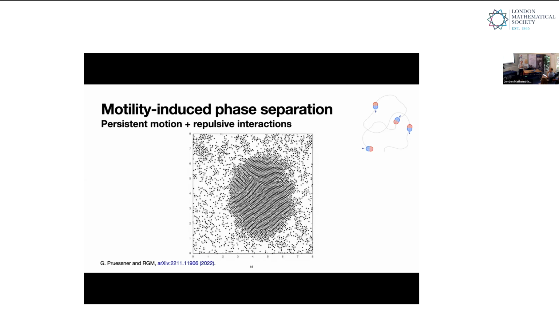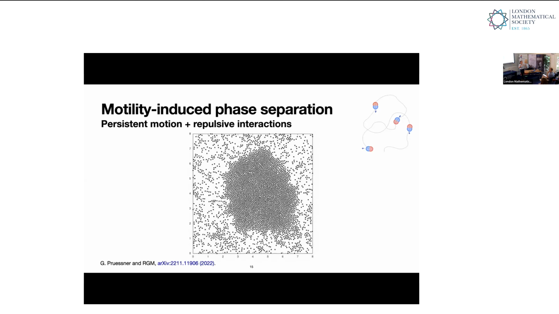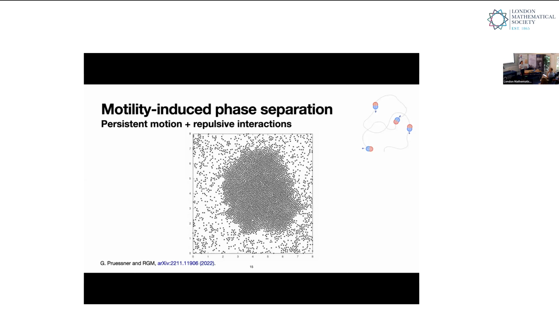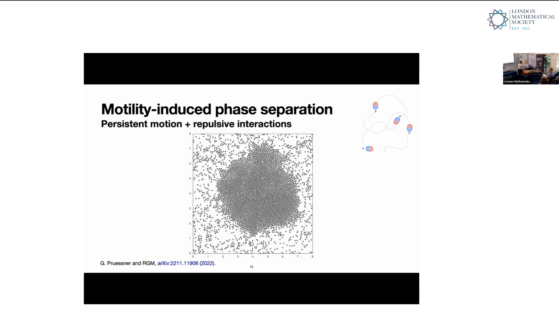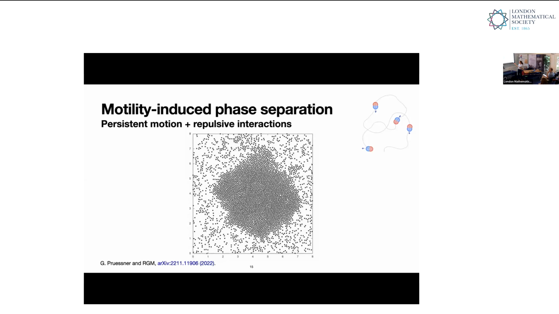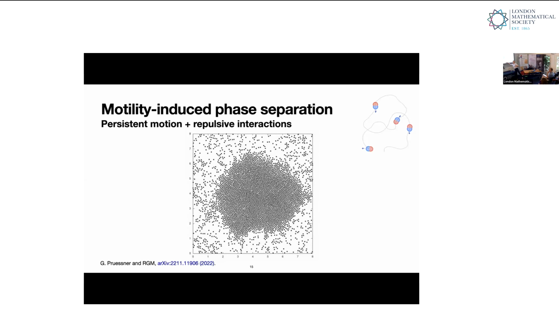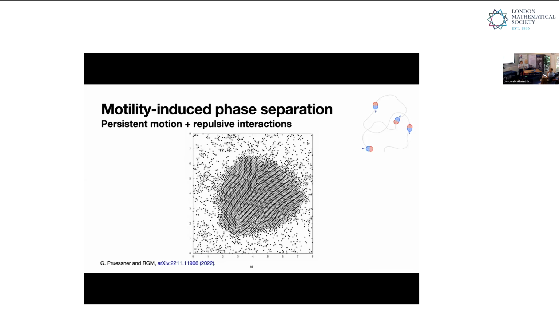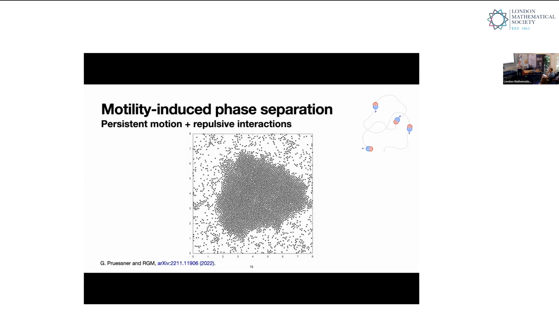At some point, one of them nucleates, and this creates a cluster that grows and keeps growing. At some point, the system has separated into two phases. One is the gas phase, where particles move essentially freely. And then there's a liquid phase, where particles are subject to very strong interactions. Here the system has separated.